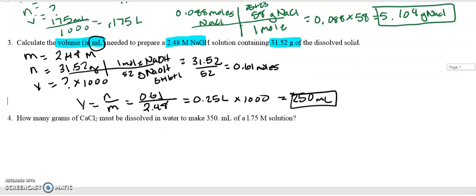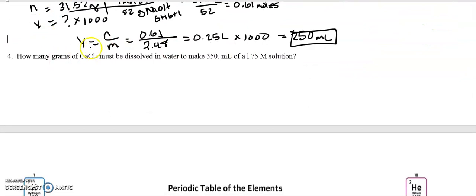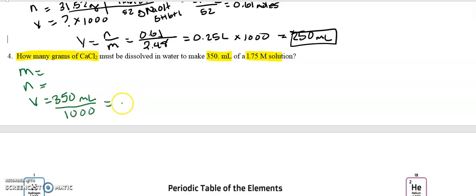Okay, last problem. Here, I want to know the mass of calcium chloride that must be dissolved in water to make 350 milliliters of 1.75 molar solution. So once again, I write down my variables, M, n, and V. The volume is 350 milliliters, so I'm going to have to divide by 1,000 and make that liters.